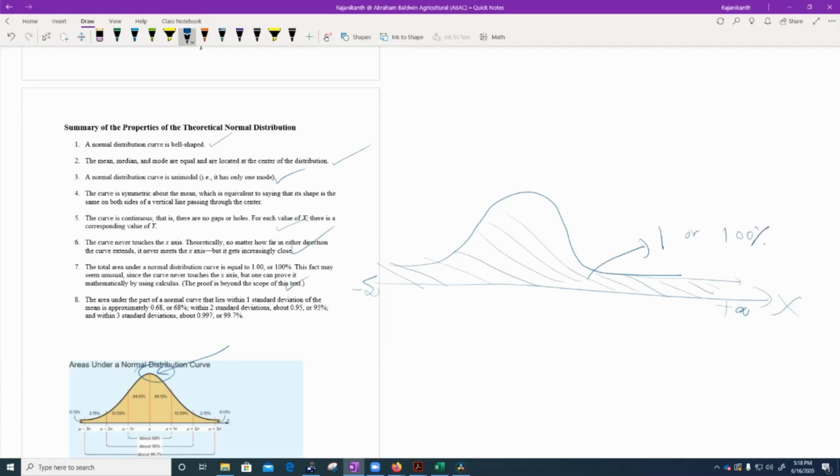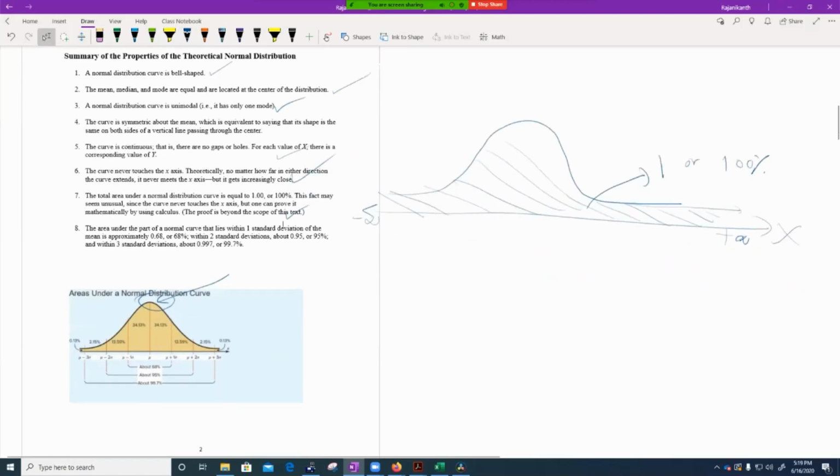The area under the part of the normal curve that lies within one standard deviation of the mean is approximately 0.68 or 68%. Within two standard deviations is about 0.95 or 95%, and within three standard deviations is about 0.997 or 99.7%. What does that mean?